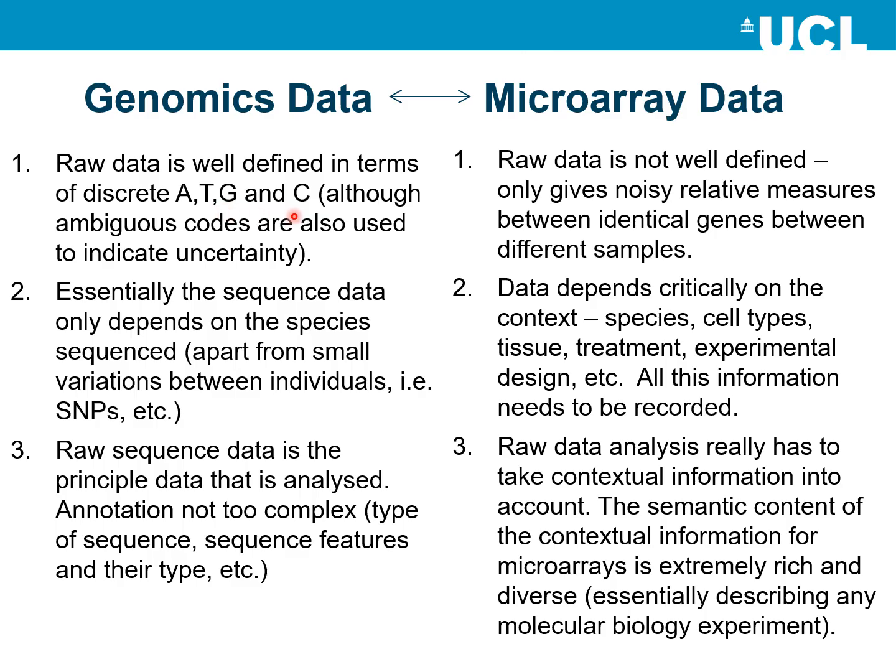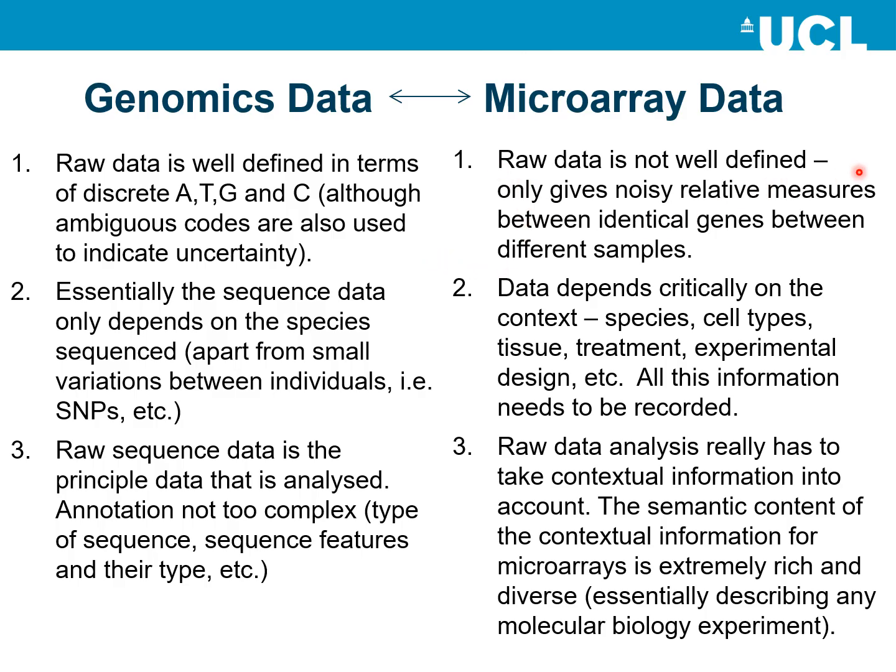So it's just a sequence like ATG, AT, CG, etc. Although there are ambiguous codes to represent any purine, any pyrimidine, or any nucleotide. But it is very well defined, it's just a sequence.